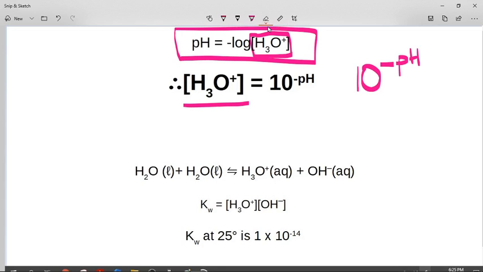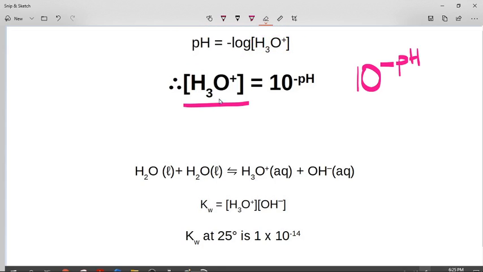So that's all pretty straightforward if you are just wanting to calculate pH and you only have hydronium ions and you have an acid. If you have a base, you're going to have to take a further step. So when you find the pH of a base, you can normally have the concentration of the hydroxide ions.